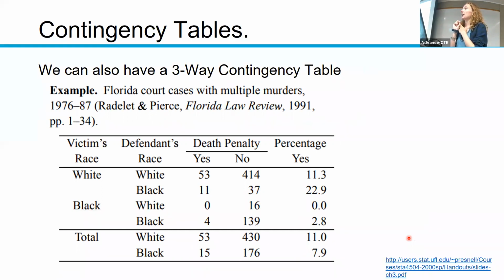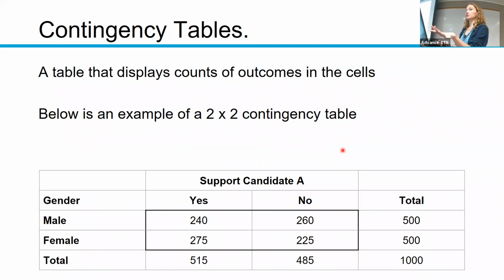So here we have 8 different cells that our data can fall into, and these are our different totals. These are much less common. A lot of the analyses that you're going to be doing are going to be with 2x2 tables like this, or tables that just have 2 variables but more categories. So it might be 3x2 if there were 3 different categories, something like that.